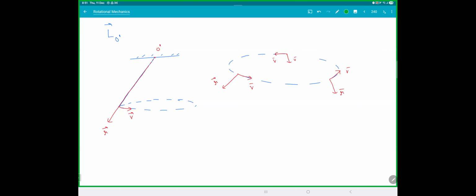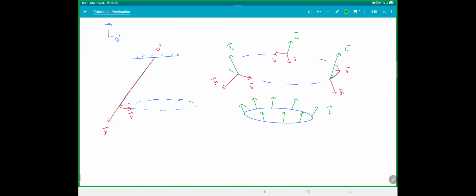So when you do R cross V bar, you can see this angular momentum will look like this. It's coming out of the plane, meaning the vectors will look like a crown. This is how your L bar will be. Are you able to visualize how that vector looks? The L bar vectors will be like a crown.